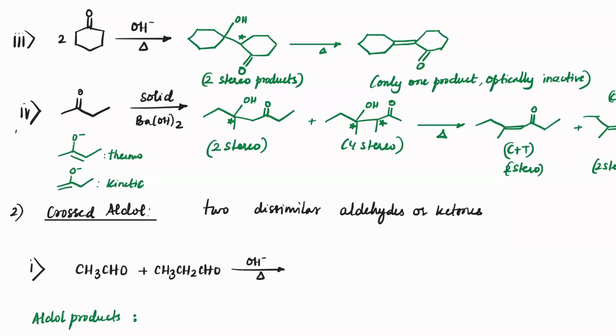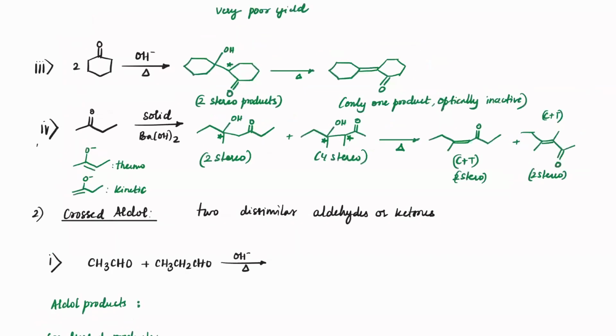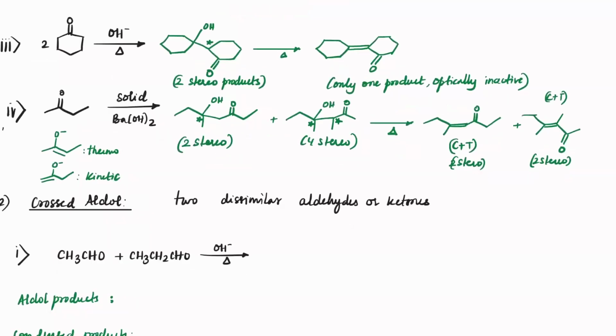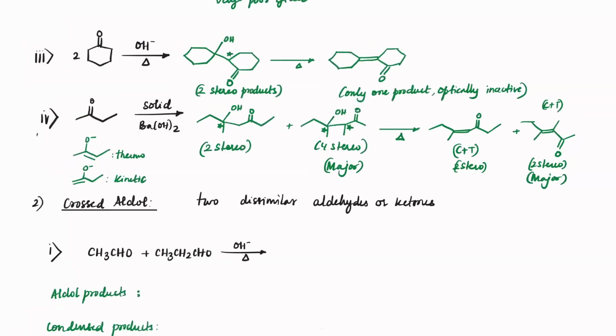Whenever heat is given, it is always favorable in the thermodynamic way. So therefore, this will be major as an aldol, and this will be major as the aldol condensed product. Then everybody, in simple terms, when you have two different types of alpha positions, you need to check based upon the stable enolate form. That stable enolate form will give you the major product.